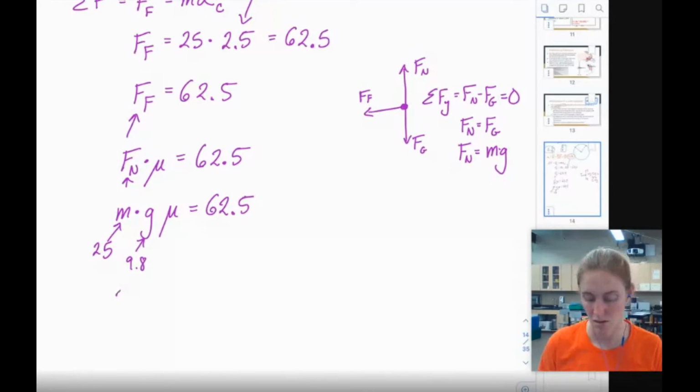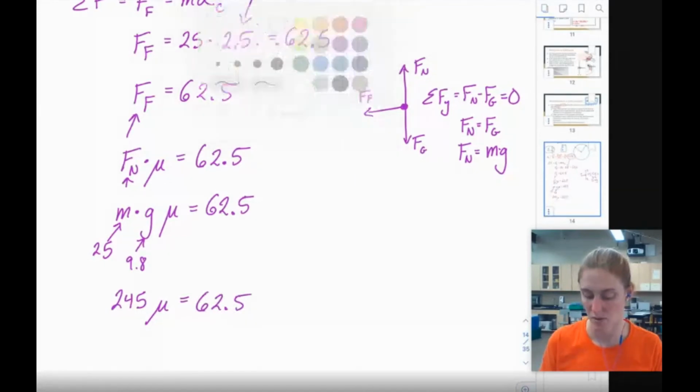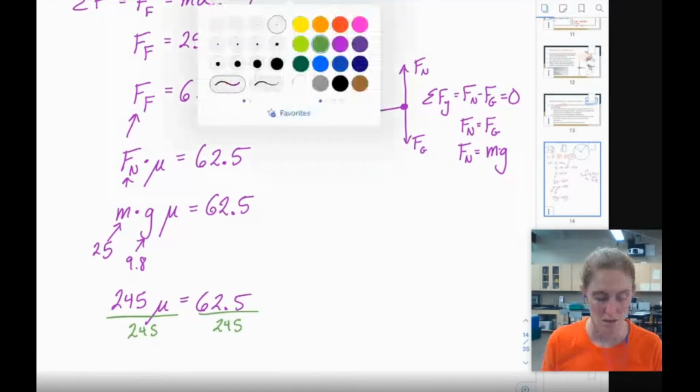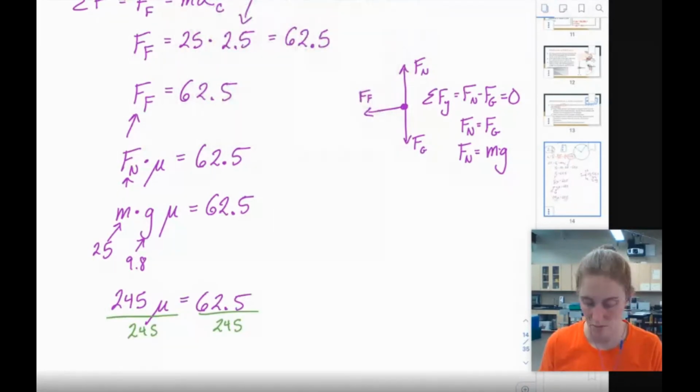And I get 245 times my coefficient of friction is equal to 62.5. And I will divide both sides by 245. And I get an answer of 0.255 as my coefficient of friction.